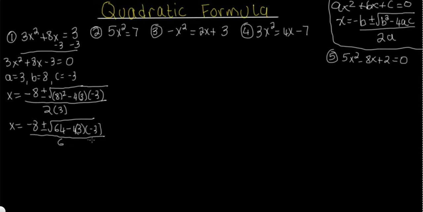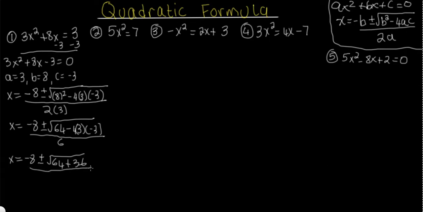Okay, next I'm going to simplify this part right here. So I have x equals negative 8 plus or minus the square root of 64. Negative 4 times 3 is negative 12. Negative 12 times negative 3 is a positive 36.